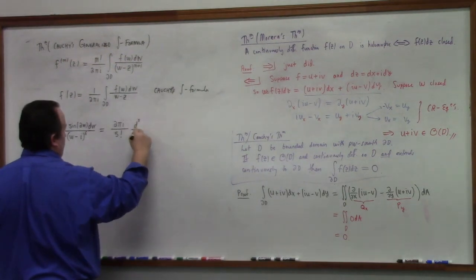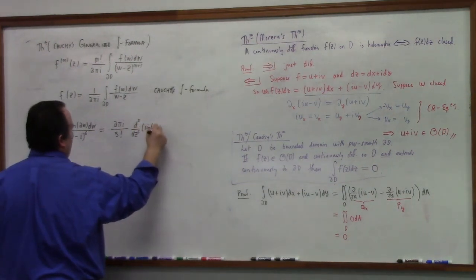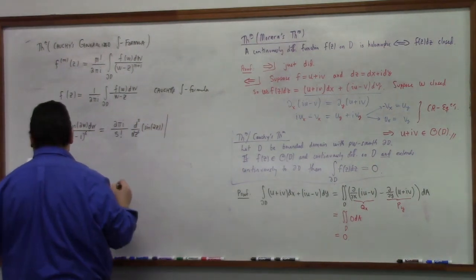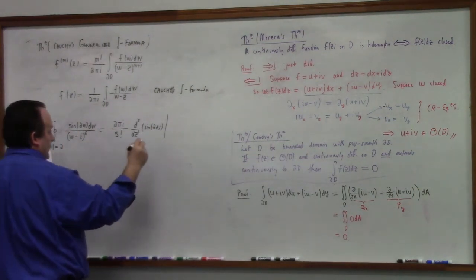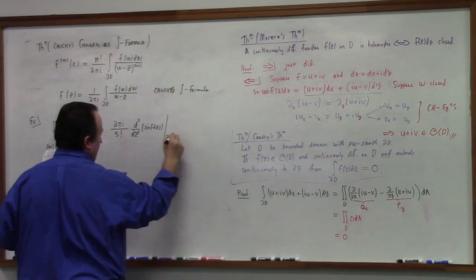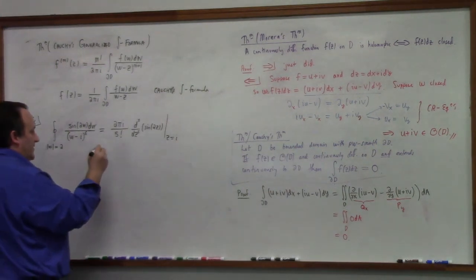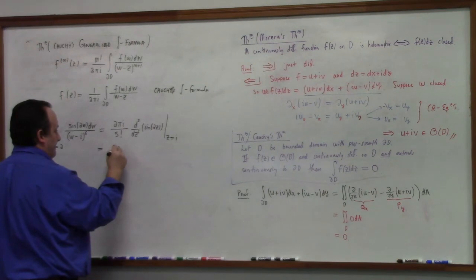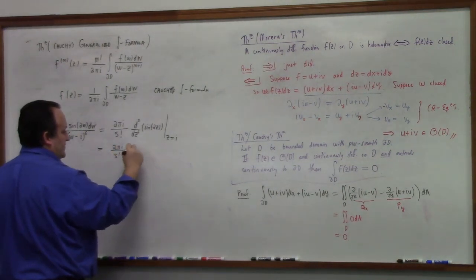The fifth derivative of, apparently, sine of 2z, evaluated at z equal to i, right? What is the fifth derivative of the sine? That'll get you cosine, with a plus or a minus. Well, you go around once, so. And 2 to the 5th power, right?